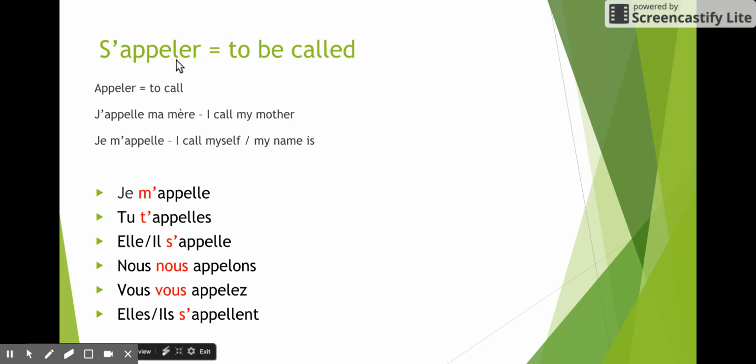S'appeler means to be called or to call oneself. It's different to the verb appeler because that is not reflexive. Appeler means to call. J'appelle ma mère, I call my mother. Whereas je m'appelle is I call myself, or really my name is. So this is an example of a reflexive verb.